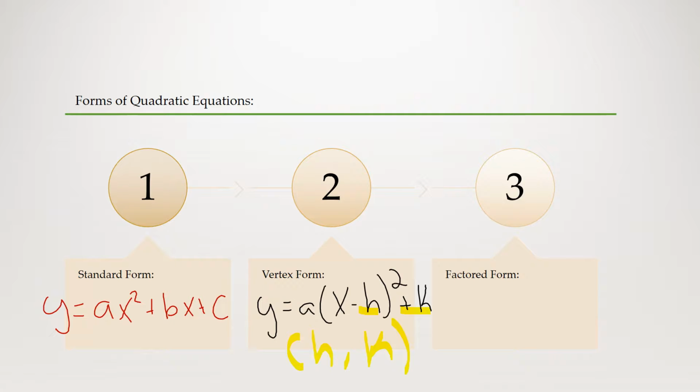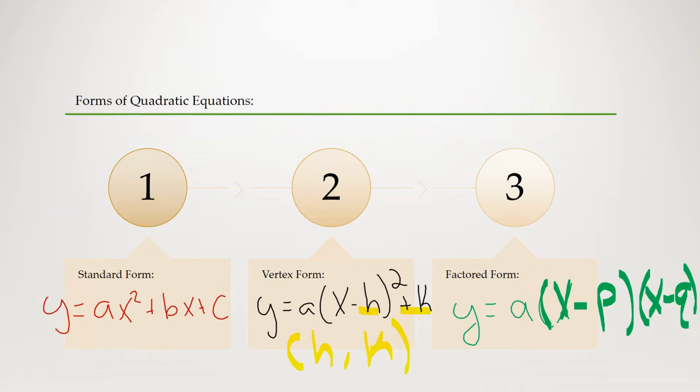There's also factored form, which is y equals a(x minus p)(x minus q).